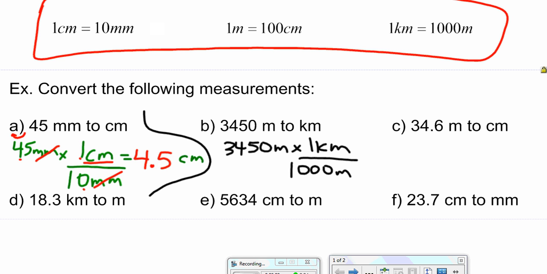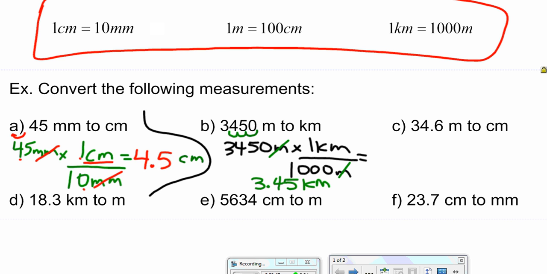The units that we don't want cancel and the units that remain are the ones that we're looking for. So we go 3,450 times 1 divided by 1,000. So that's the same as moving the decimal place 3 times to the left. So we get 3.450 or 3.45 kilometers.